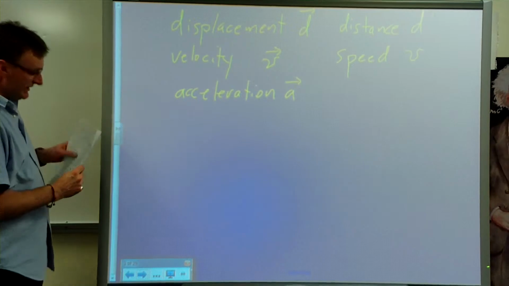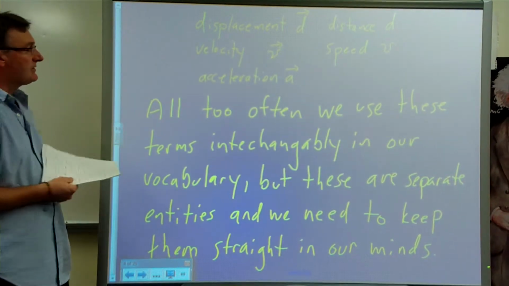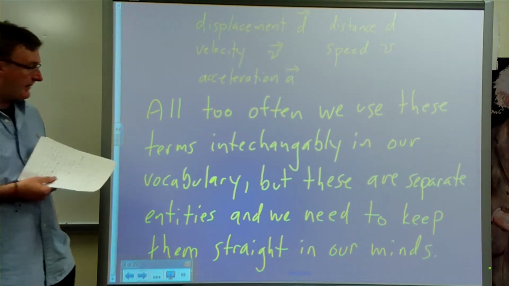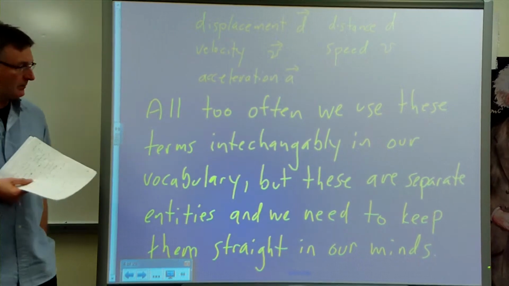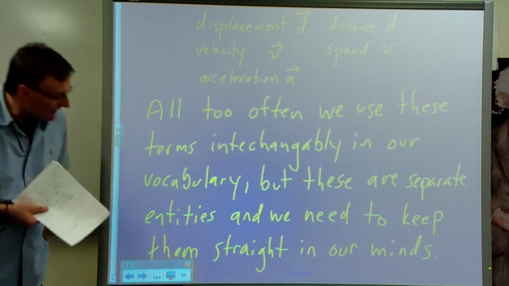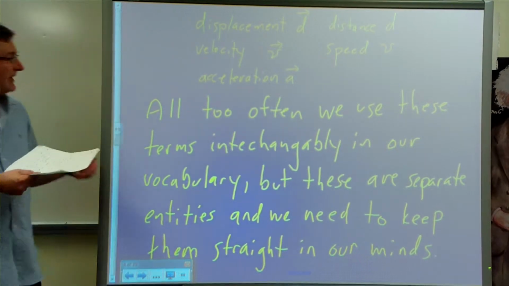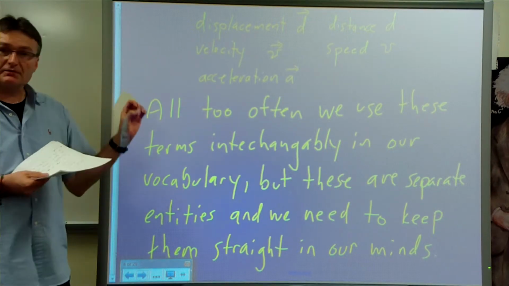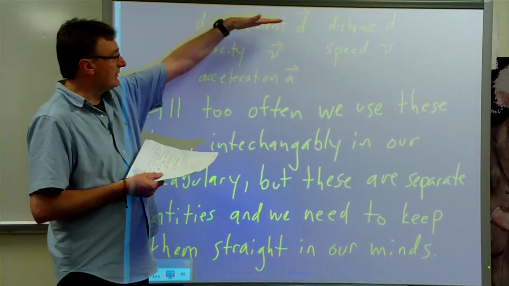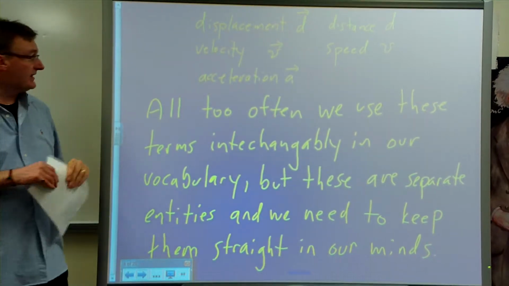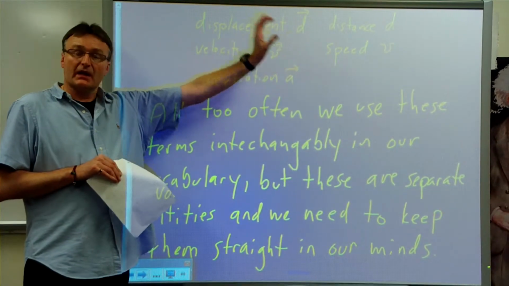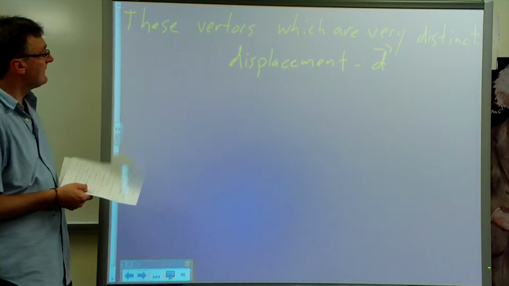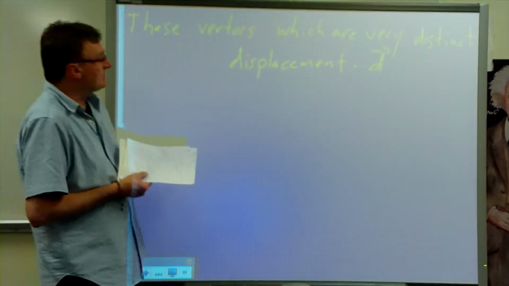So these quantities right here, all too often we use these terms interchangeably in our vocabulary, but these are separate entities and we need to keep them straight in our minds. As you're learning these, you need to recognize the difference between them, because when you're problem solving, you need to know for sure whether you're dealing with a vector or a scalar.